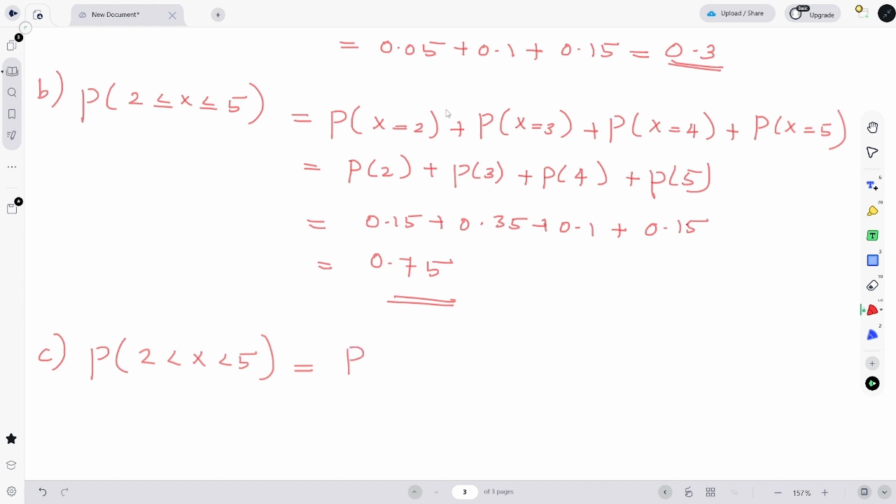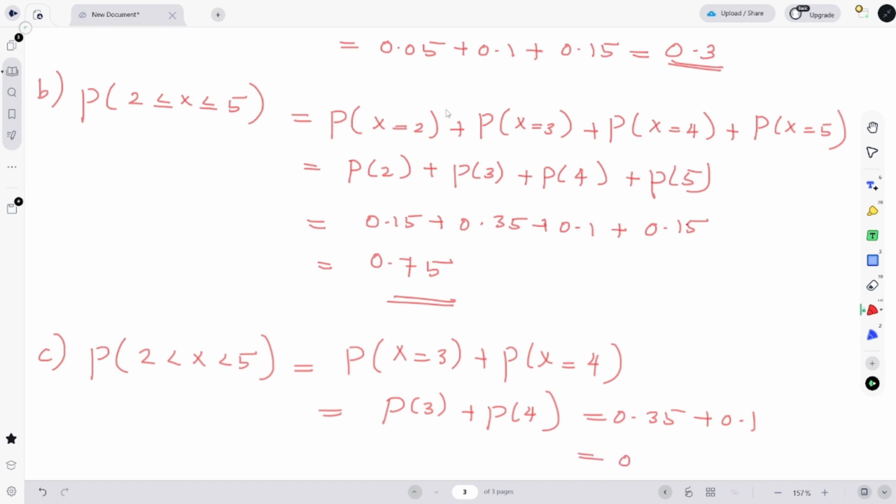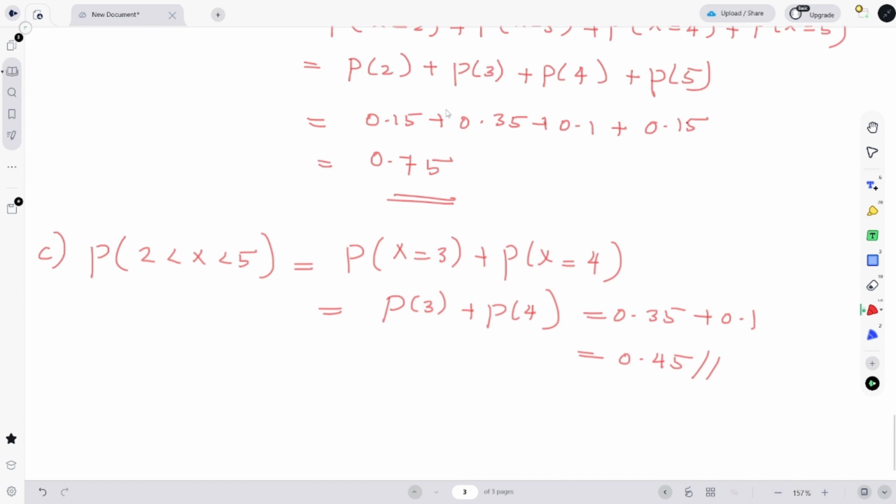So what is the value? P of x equal to 3 plus P of x equal to 4. So that is P of 3 plus P of 4, that is equal to 0.35 plus 0.1, that is equal to 0.45.